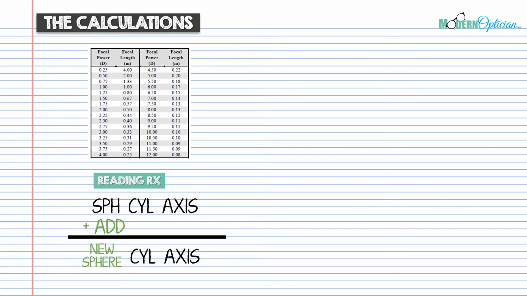You will notice here that in the reading realm, I mentioned that we tend to deal in 40 centimeters away as the standard convention, which would represent a 2.5 addition. Anything less, again, remember, it is just being helped out by accommodation. Nonetheless, you will be using the add power, regardless of what that is. You'll be using the add power that's prescribed, and you're going to add it to the sphere.